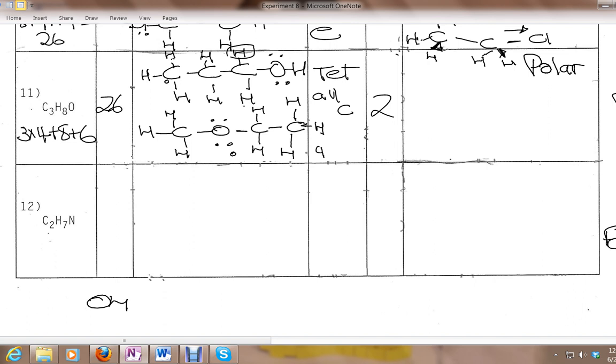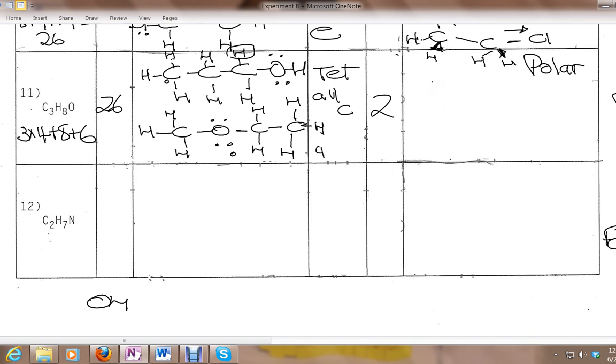So this is propanol and this is an ether. So now what do we have? And by the way, what are the domains here? 1, 2, 3, and 4 for this carbon. 1, 2, 3, and 4. It doesn't change anything, you see? So it's polar. Both of them are polar.